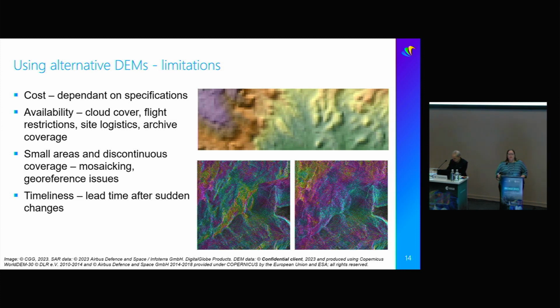Things like cloud cover can affect airborne and satellite stereo. There'll be flight restrictions. There are limits on where you have archive coverage. And you also have problems as soon as you start introducing small areas of DEM coverage and sticking them together properly, making sure you've done the mosaicing correctly, georeferencing them properly, and getting them quickly.